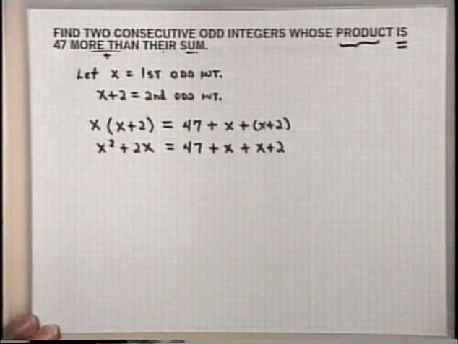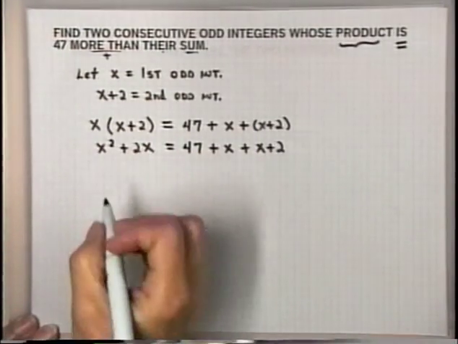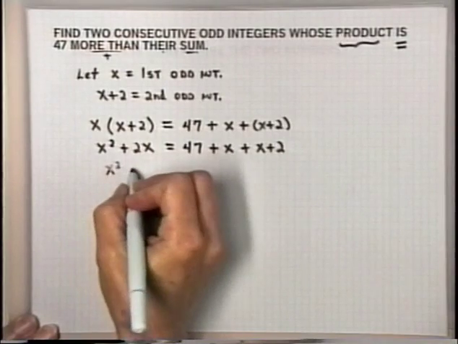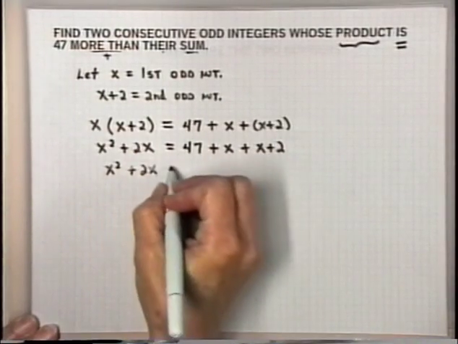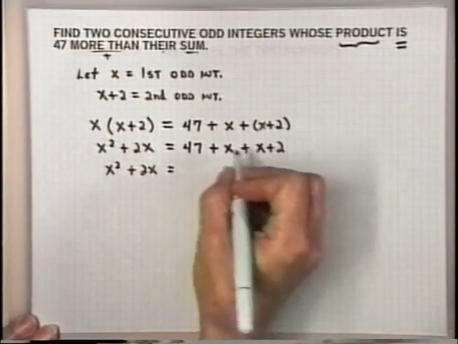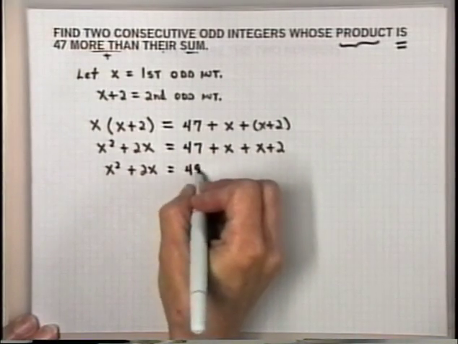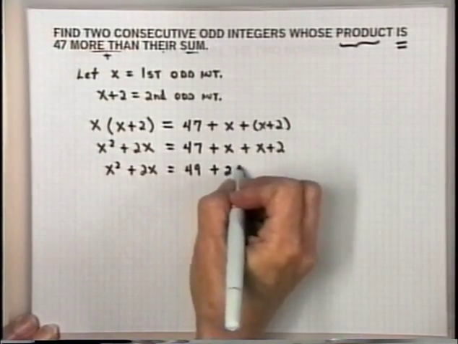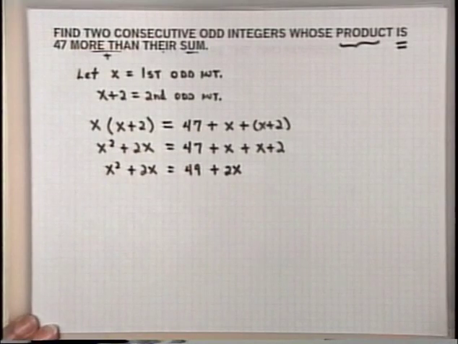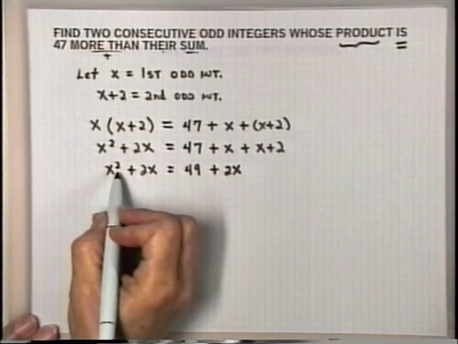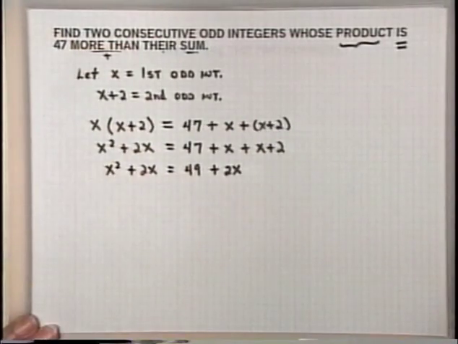We will now combine like terms here on the right-hand side of this equation. x squared plus 2x is equal to 47 plus 2 is 49, and x plus x is 2x. Notice we have our variable to the second power indicating our quadratic equation. So I must put this in standard form.